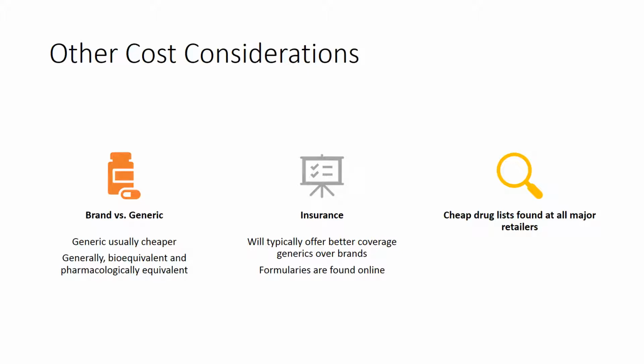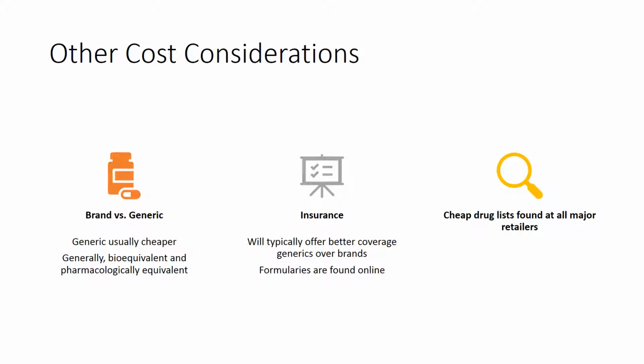But really, generics and brands are pretty much the same, and in fact, they have to be bioequivalent and pharmacologically equivalent for the generic to be approved. This means that all your pharmacodynamic and pharmacokinetic parameters must be equivalent to the brand in verified studies, and the active ingredient or the main drug ingredient has to be the same. And generics are typically cheaper.